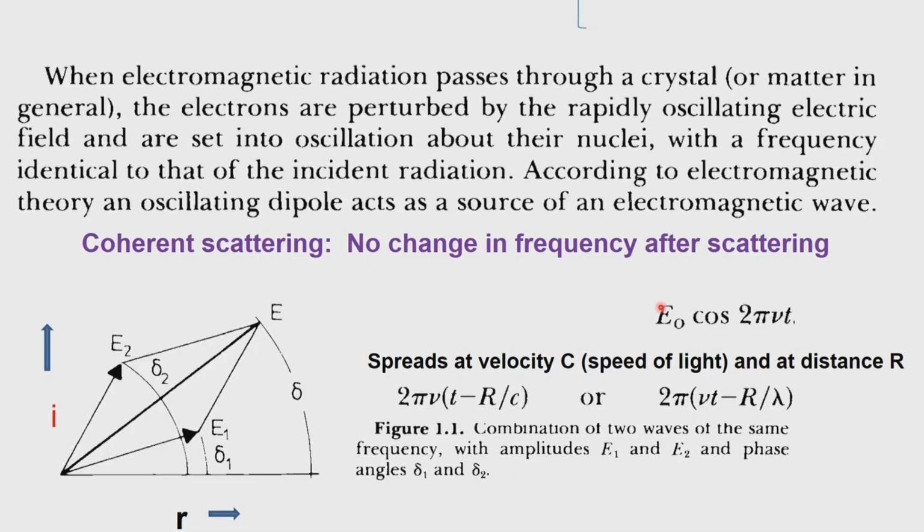So, that is associated with the amplitude E naught, and this will be the phase. So, the phase now, if it is real, is cosine 2 pi nu t, but since we are considering electromagnetic radiation, the phase will be exponential I 2 pi nu t.